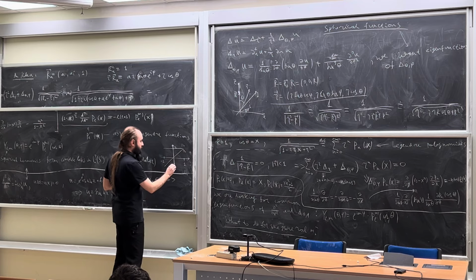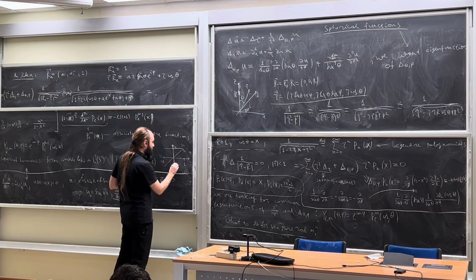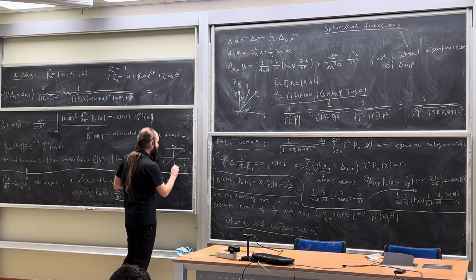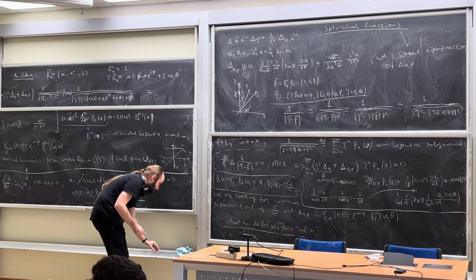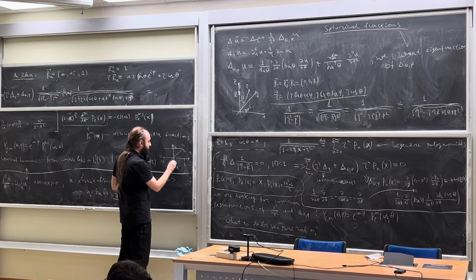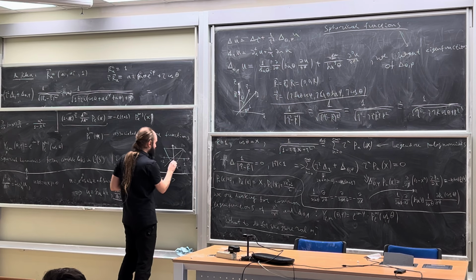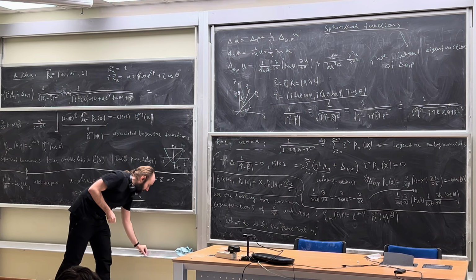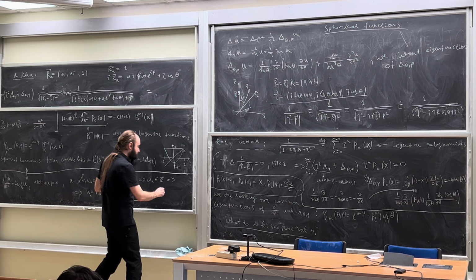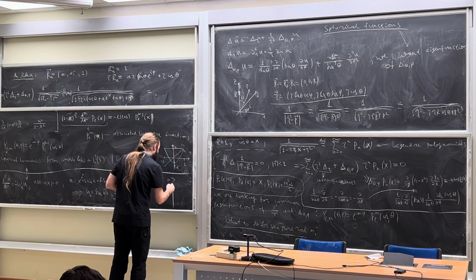So this is minus 1. Now it is quadratic and goes like this. And this picture will look in the following way.